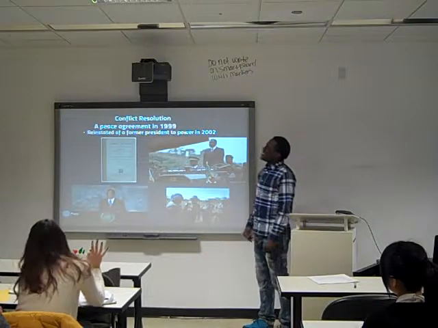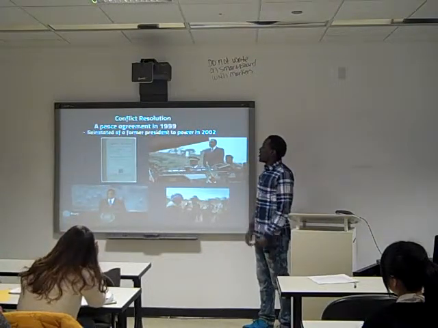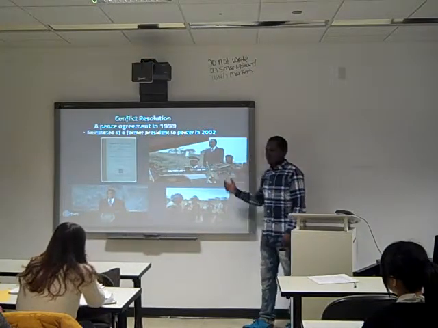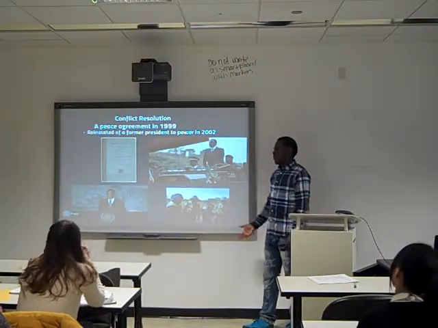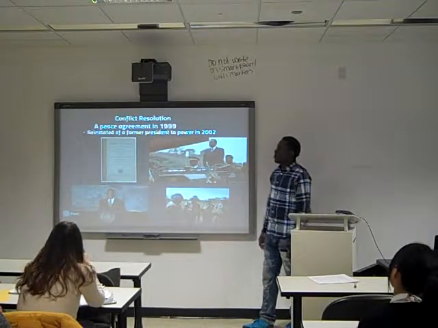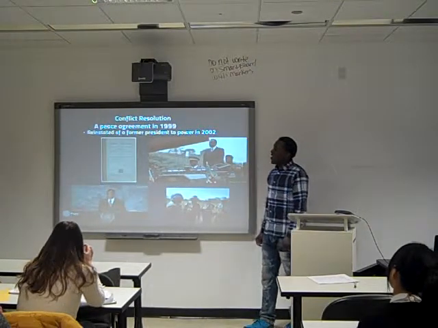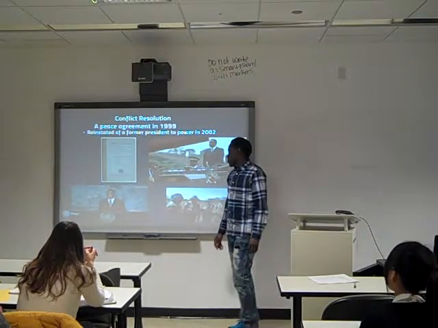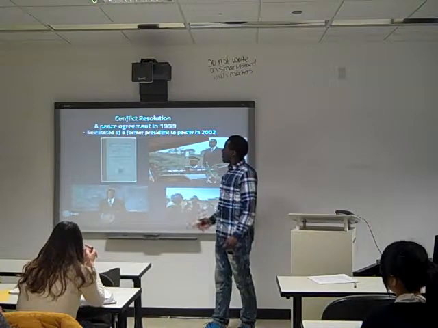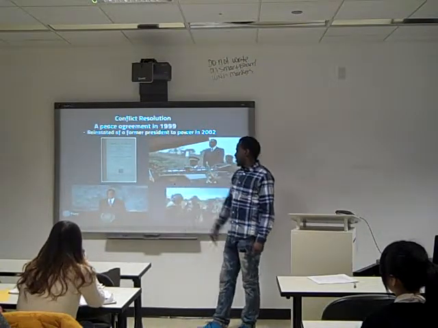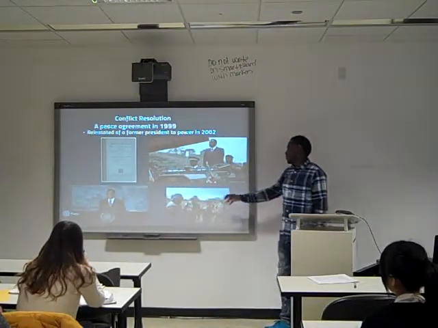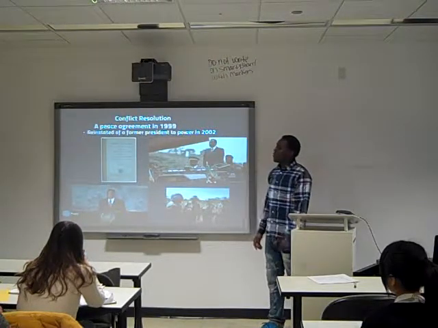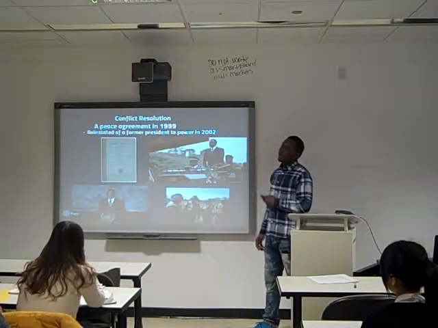And this is the peace agreement after years of war, from 1997 to 1999. The first peace agreement was made by the United Nations, and here are some of the United Nations military that came into Congo to resolve the conflict.